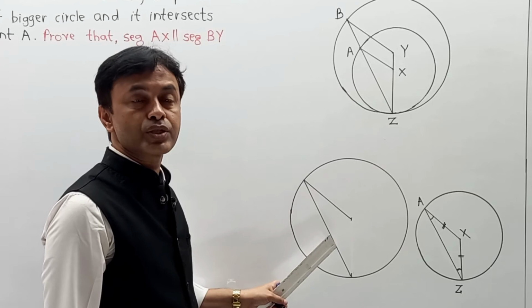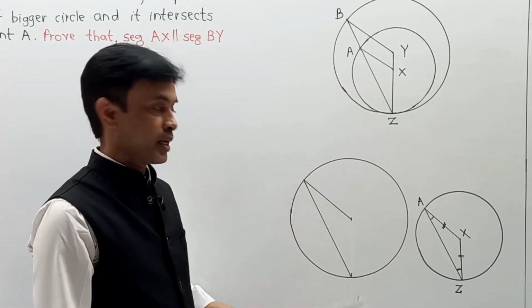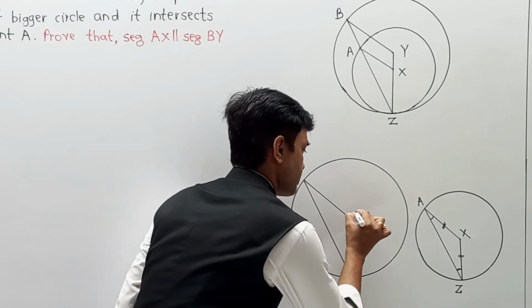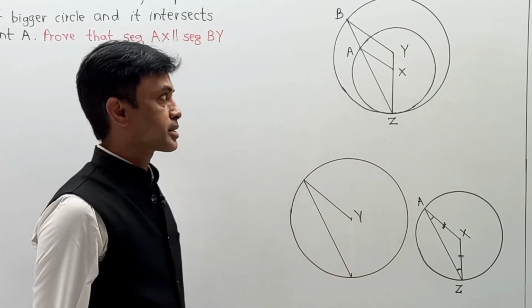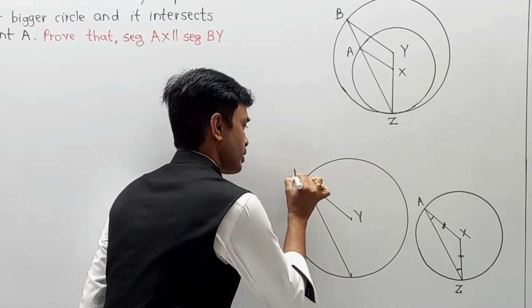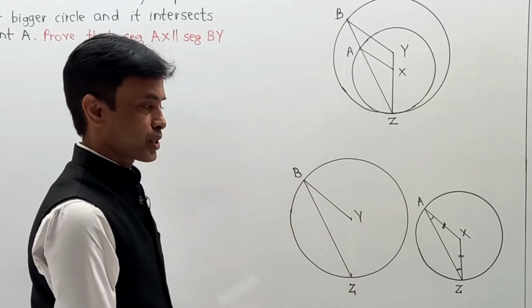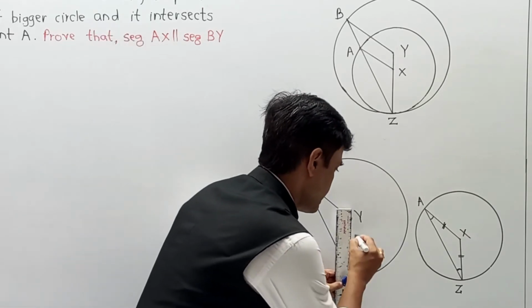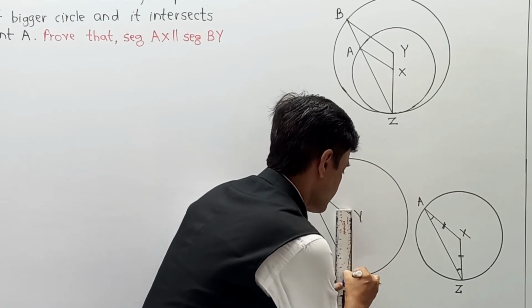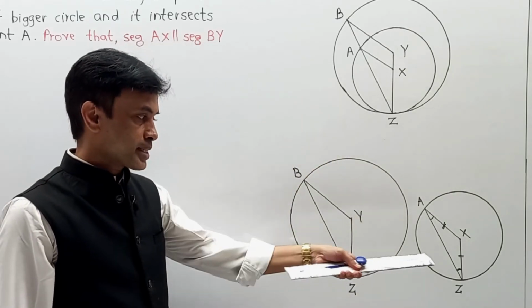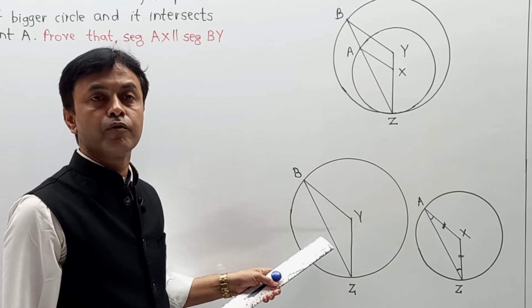Now coming to the same structure in number 2. Again, Y is the center of a larger circle. And there is a point on a circumference B and Z over here. As per our construction, we have joined YZ. Now again, same concept of previous part will become for number 2.